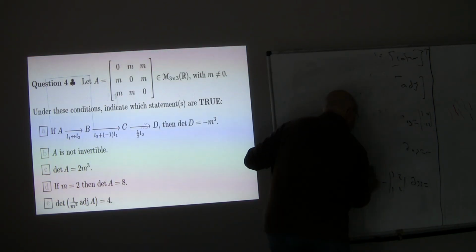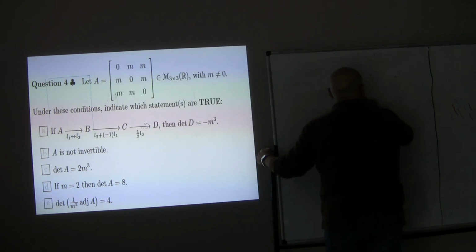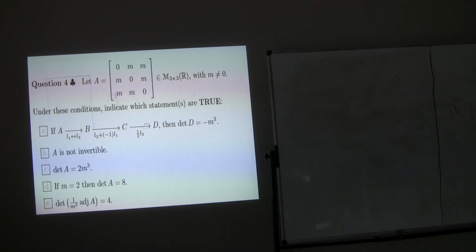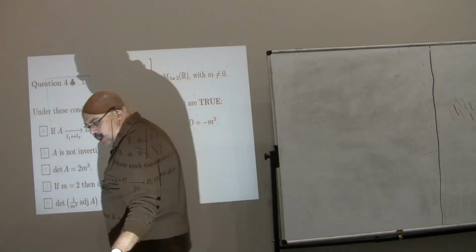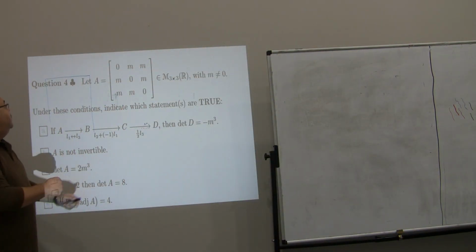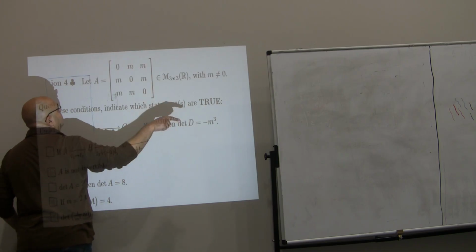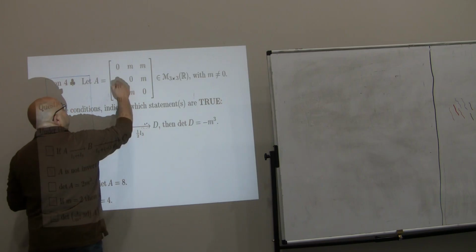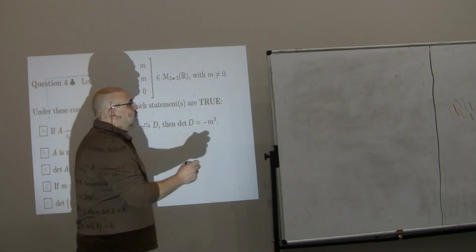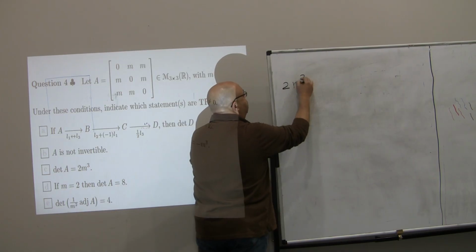Use Sarrus' rule. Okay, so I have zeros, plus m, which is m cubed, plus m cubed. That means, for the time being, I have 2 m cubed.